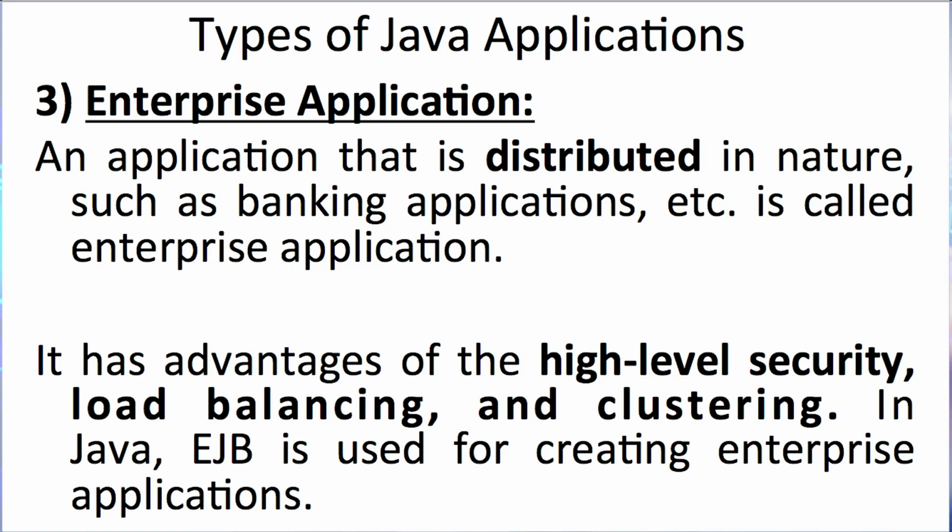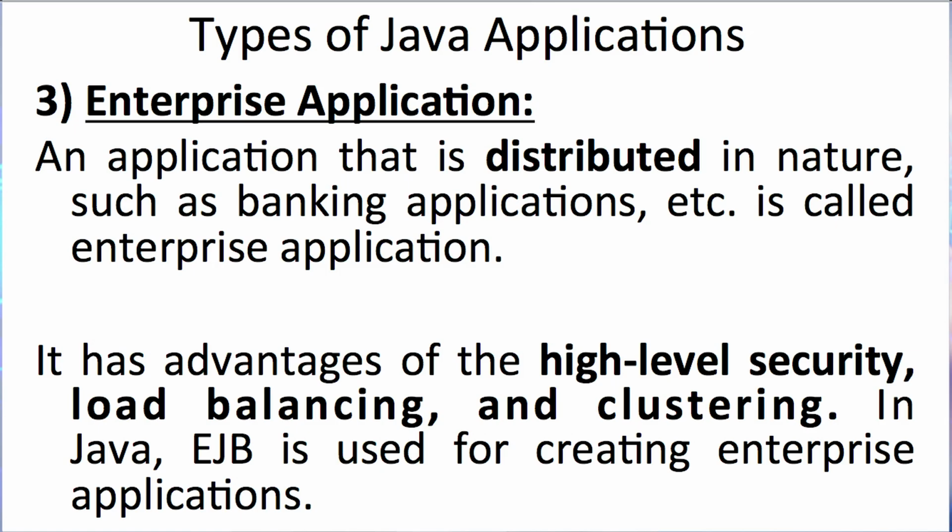Java is a very powerful and secure language. We can secure our software, we can secure our customers and their data. So it is a very advantageous language for the development of enterprise applications. It has the advantage of high-level security, load balancing and clustering. Sometimes software has a very high load, and Java is capable of balancing this load.